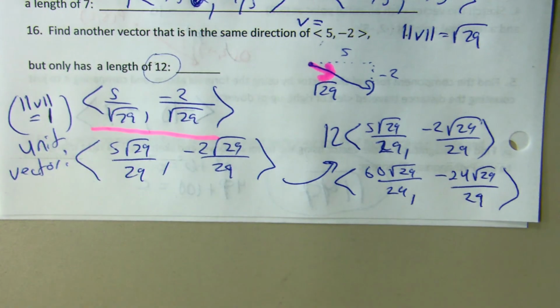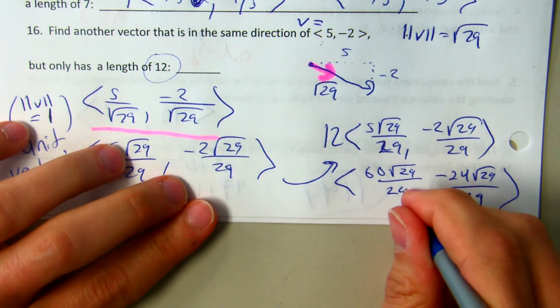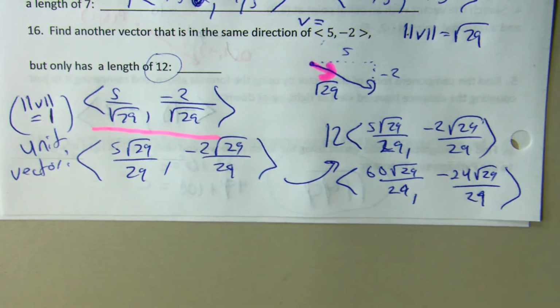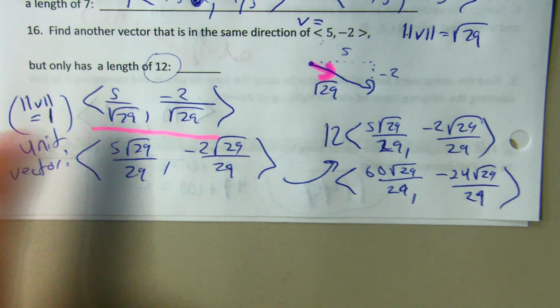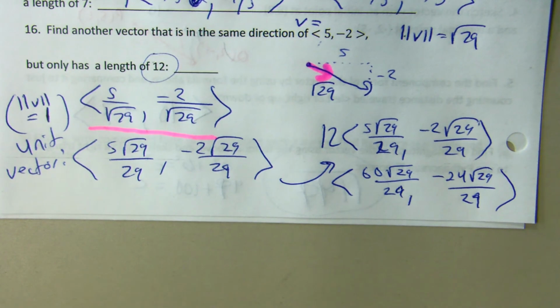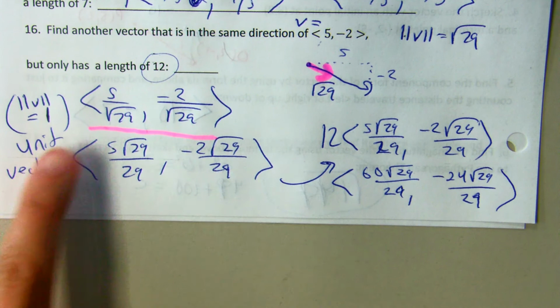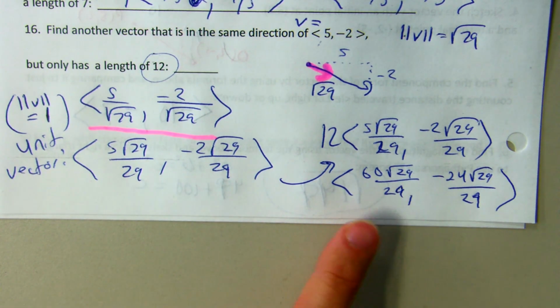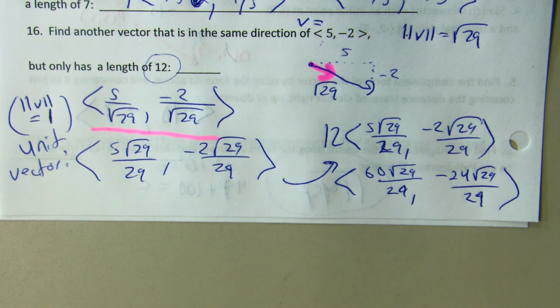Of course, we can always look at the decimals on that when we get to that. But I know for sure it's in the same direction as that vector, and I know that it has a length of 12. Not something you could just jump to, but if you can manipulate it to have a length of 1 by dividing by its magnitude, and then to a magnitude of 12 by multiplying by 12, then you have dealt with everything that you need to. Alright, so for today, we are going to stop there.